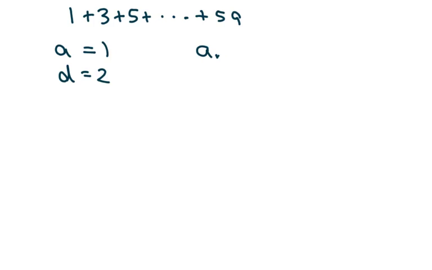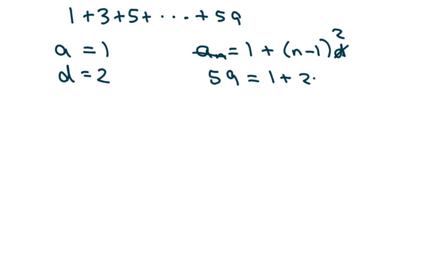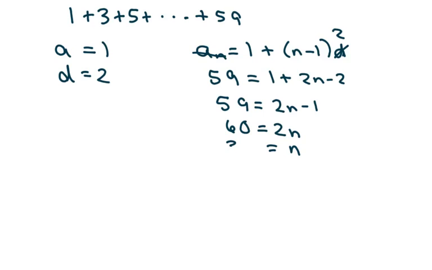So my last term, this is 59, equals 1 plus my d is what? 2. So 1 plus 2n minus 2. So 59 equals 2n minus 1. So 60 equals 2n, and n equals 30.